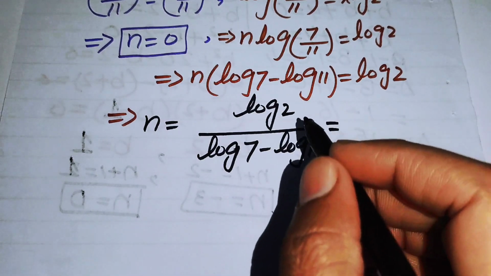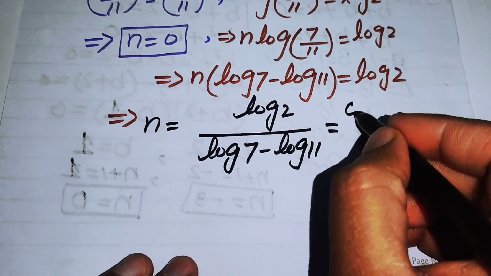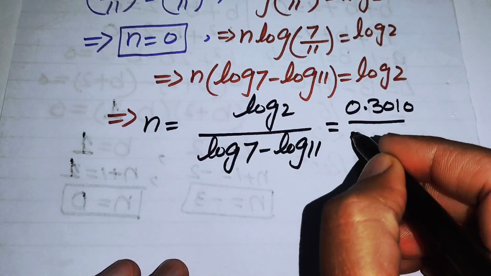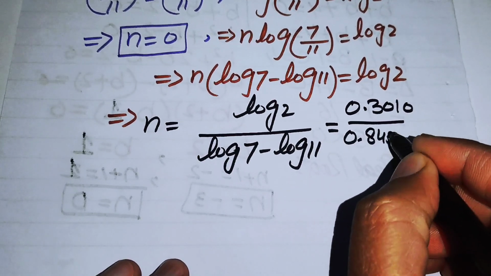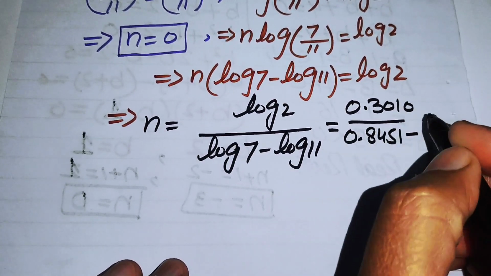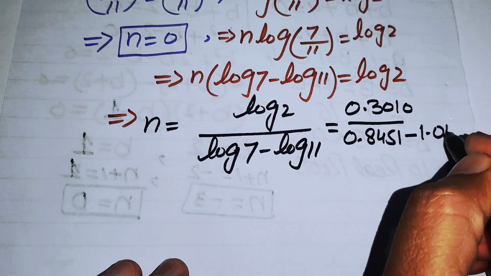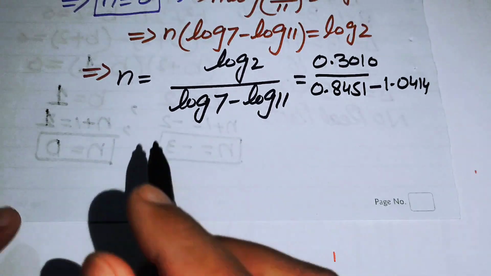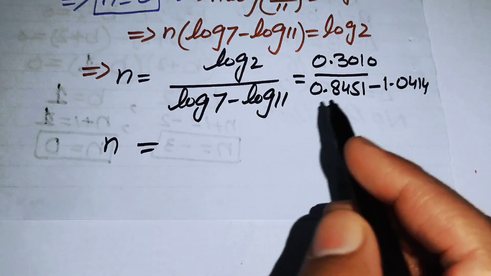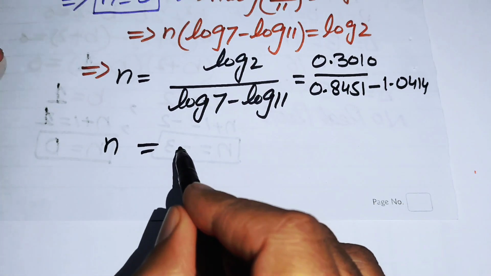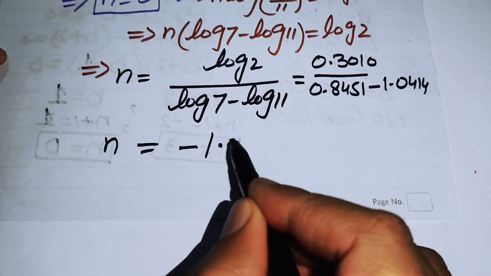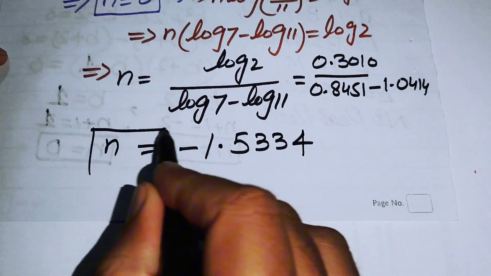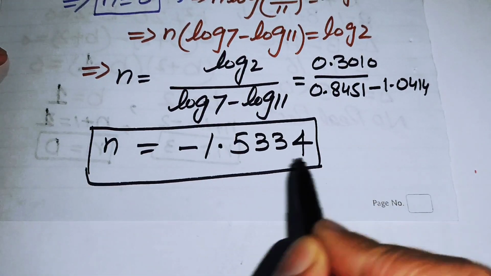So you see that log 2 equals 0.3010, the value of log 7 is 0.8451, and the value of log 11 is 1.0414. So these are the values of these logs, and now we will add or subtract these values and divide. So finally you will get the value of n equals minus 1.5334. So this is the other root of the given equation, and this is the final answer.